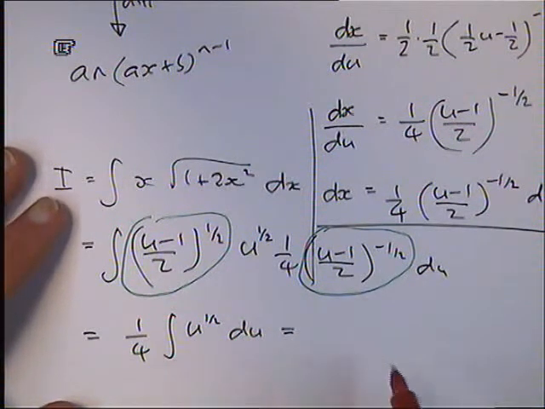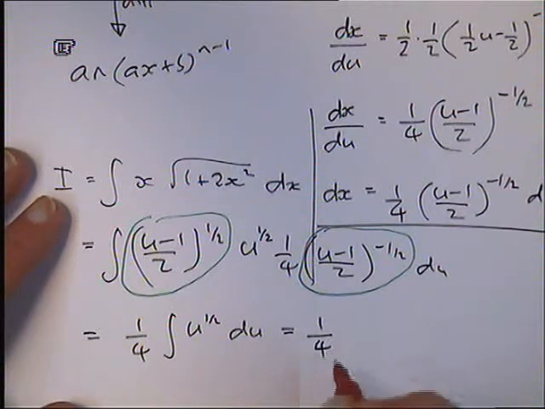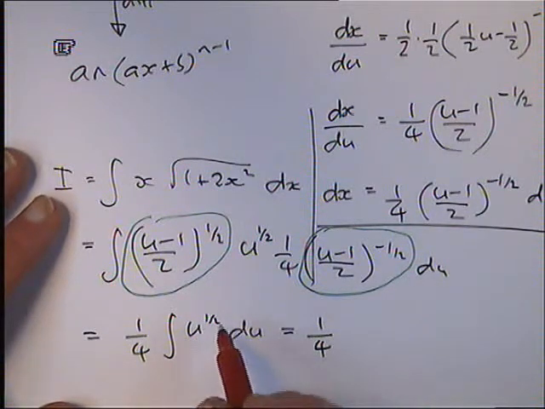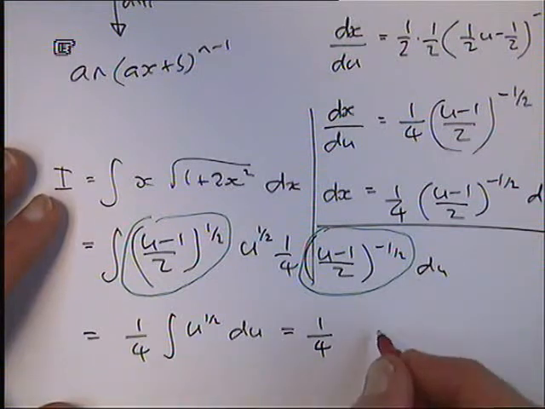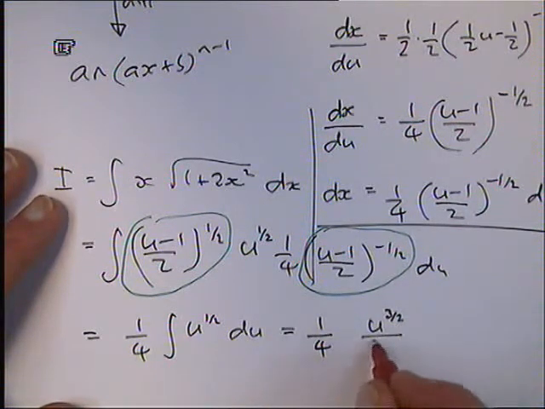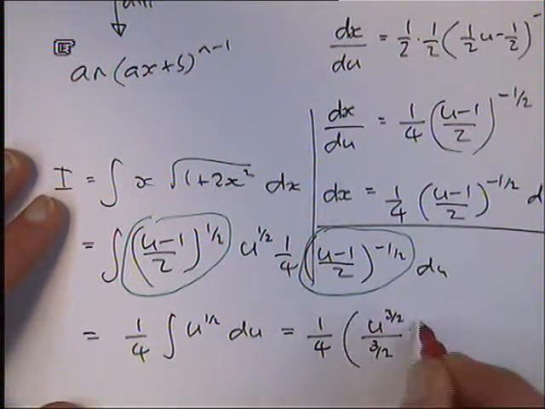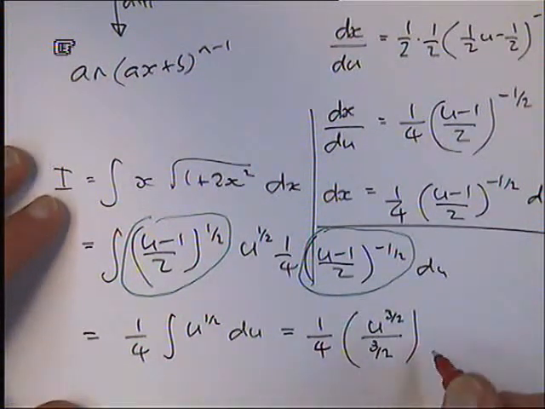Now I would do the integration. Can anybody integrate for me, please? U to the power of a half du. So the u's and the 3 over 2. Yeah, u to the 3 over 2, that's adding 1 to the power, dividing by the new power. I'll put that in brackets. I've done my integration at this stage.